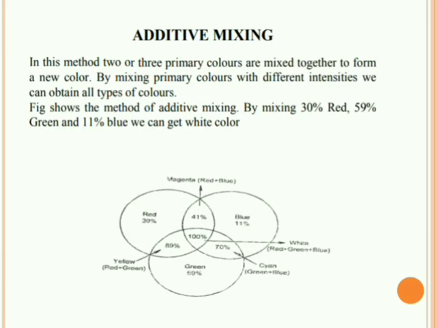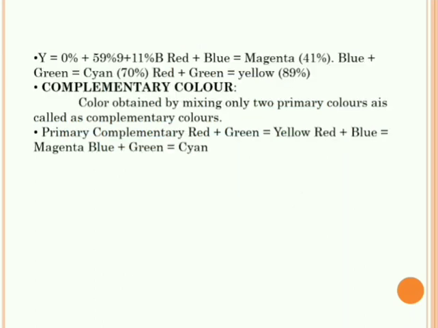Just like that, in yellow we have added only red and green color, and then we form yellow color. Ultimately yellow is nothing but a complementary color. Magenta is also a complementary color because we can form it by adding red plus blue, and cyan is ultimately a complementary color. But white is not a complementary color because we form white by adding red, blue and green, all the three colors.